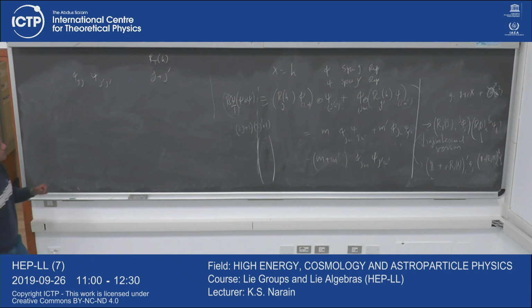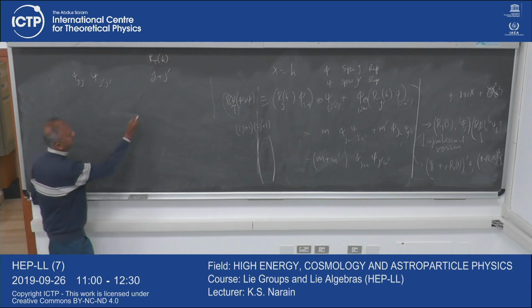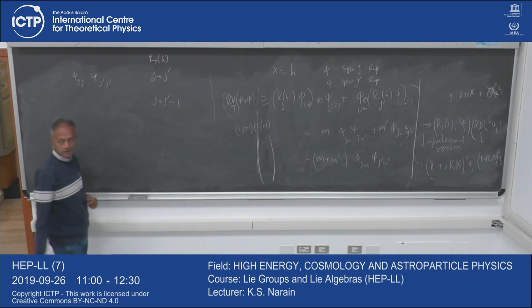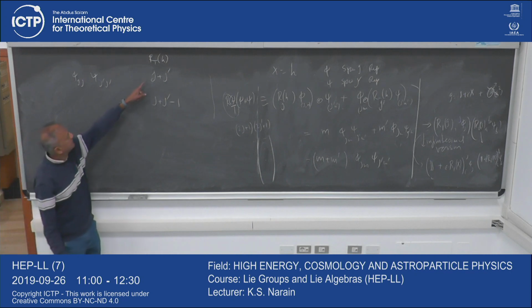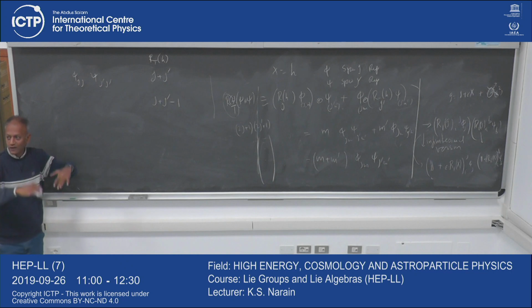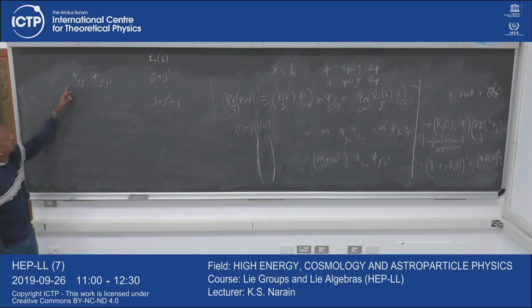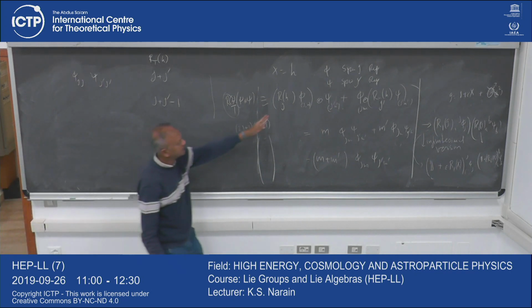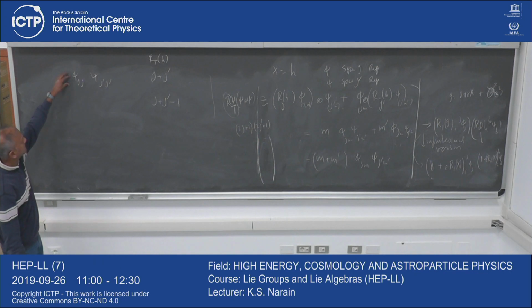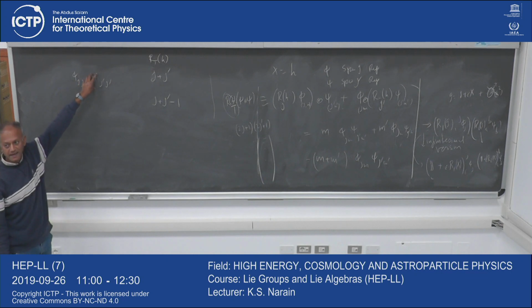Now let us look at the states which have the j plus j prime minus 1 eigenvalue. In other words, if I apply R(E minus), the lowering operator, on the state, it will be a sum of two terms, because this Lie algebra acts additively. There will be one term where E minus acts here and nothing there, plus another term where nothing acts here and E minus acts there.